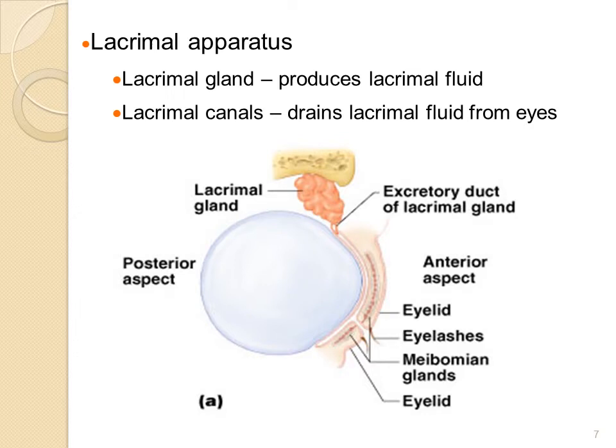In this figure we can see the lacrimal gland and the excretory duct of the lacrimal gland, and you can see the eyelid, eyelashes, also the meibomian gland. In this structure of the lacrimal apparatus, the lacrimal gland and lacrimal canal are connected together to produce lacrimal fluid and also drain lacrimal fluid from the eye.